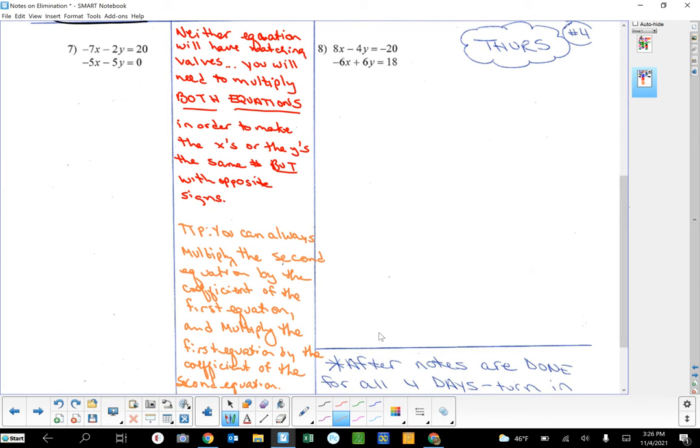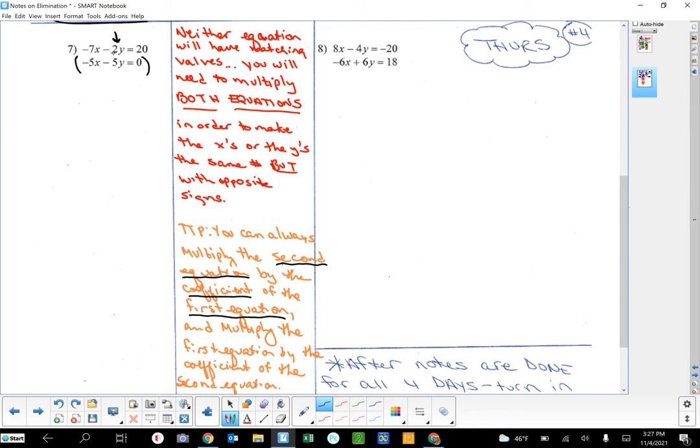Okay, let's go back and look at these words. You can multiply the second equation, so that means I'm going to multiply this equation by the coefficient, that's the number in front of the variable, of the first equation. So let's say I want to get my y's to be the same.